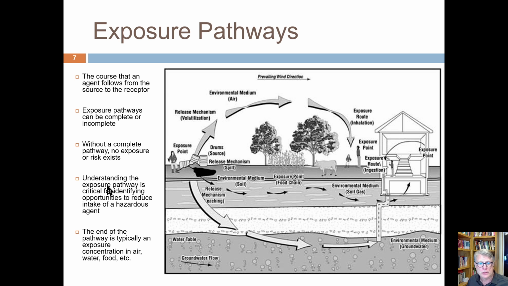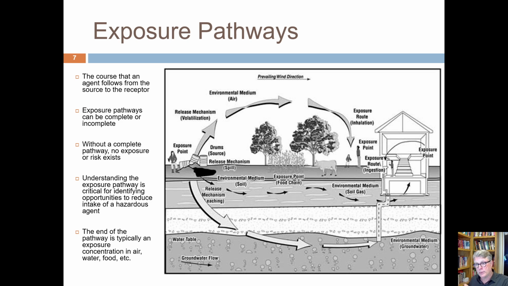The second reason that understanding an exposure pathway is important is that if you know how the substance moves from a source to the people, you then have the information needed to begin thinking about ways to intervene, right?